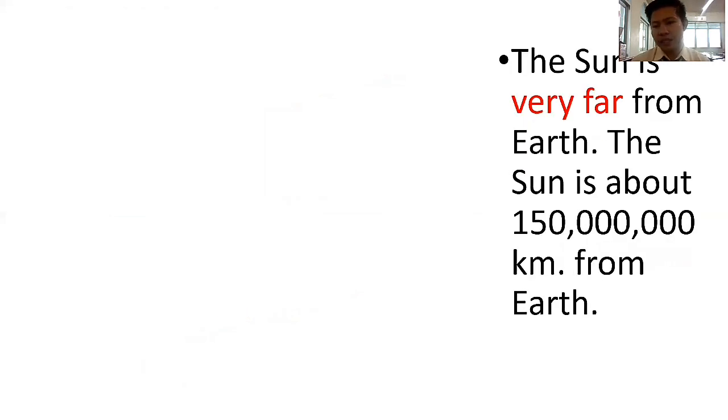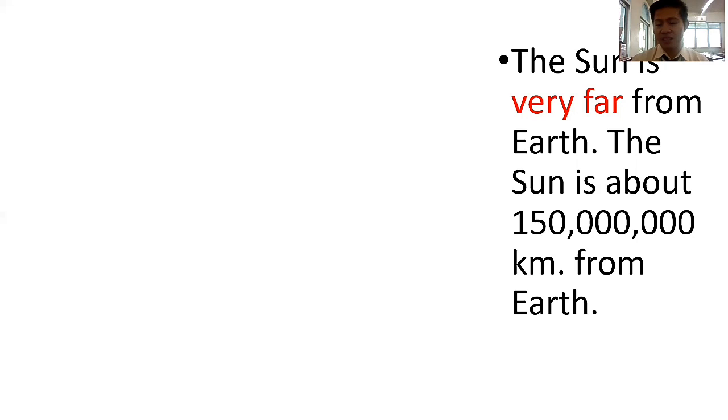Next, the sun is very far from the earth. So it means not just very big, but also very far. Now let's discover how many kilometers away the earth is from the sun. Repeat after me. The sun is about 150 million kilometers away from the earth. Oh, very far.